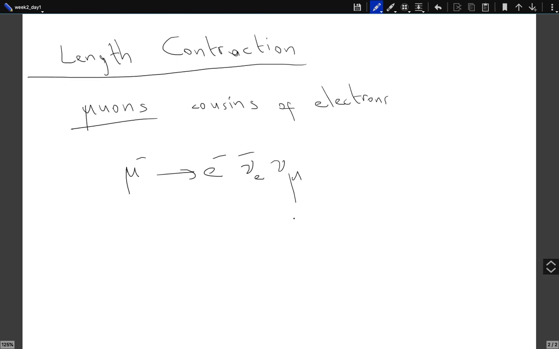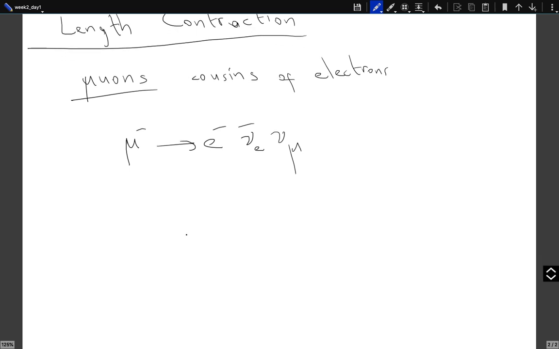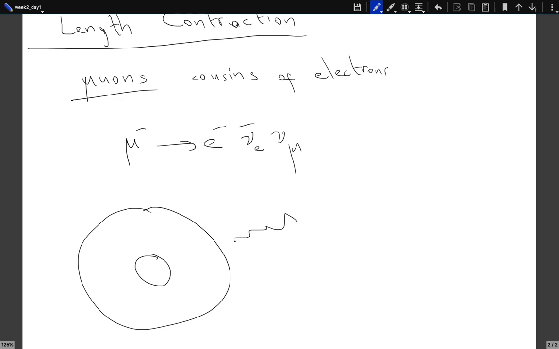Now, the first time we observed the muons was in so-called cosmic rays. So what happens is we have the Earth. There are all kinds of particles coming from the cosmos. And when they hit the atmosphere, they create particles called the pions.